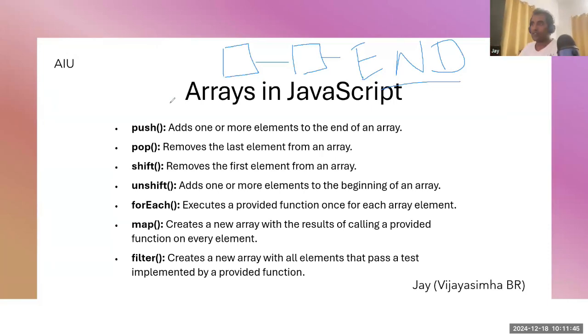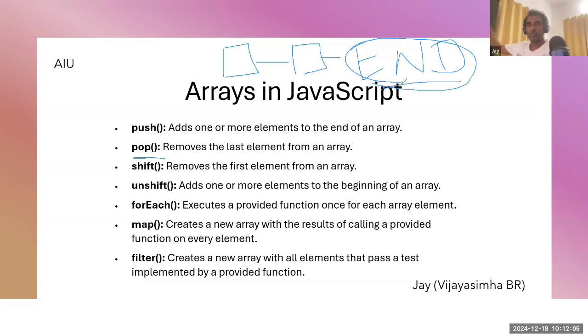Next, we have the pop function. I'm only going to talk about the main functions, the main things which are useful right now. The pop function is the opposite of push. Push is for adding items, and pop is for removing the element from the end. So push is for adding at the end, pop is for removing the element from the end.